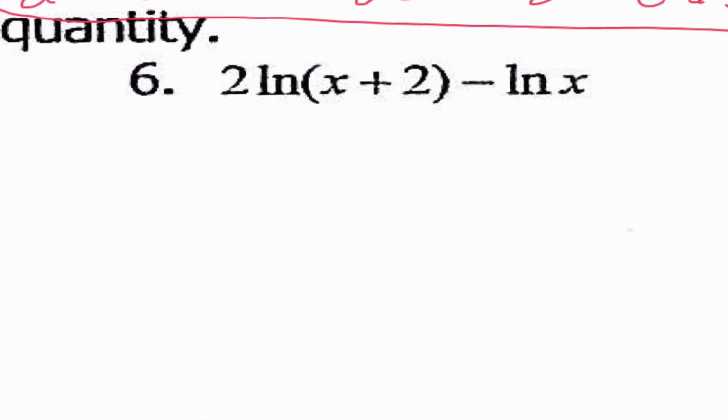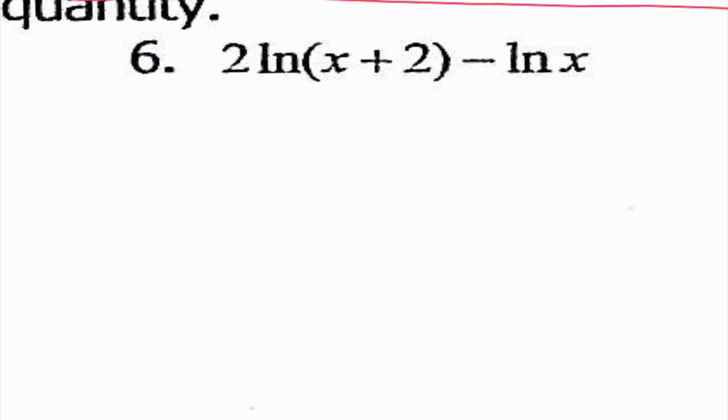And our final one of the day here, number 6, just to show us these properties apply to natural logarithms as well. I'm going to start by changing that coefficient of 2 into our exponent. Notice ln of x really has nothing, so I'm just going to leave it.